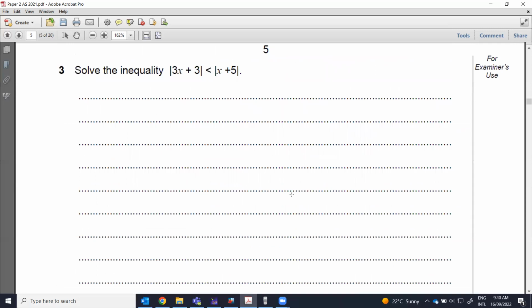Okay, question 3. Solving inequalities that involve absolute values. So with this one, pretty straightforward. You just need to remember that with absolute values, we are just measuring the distance that a number is away from 0. So if I say, what is the absolute value of 5?